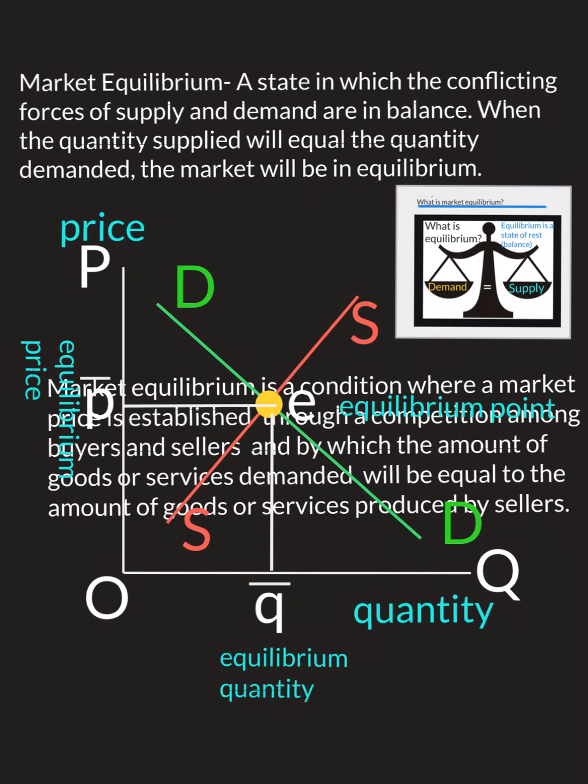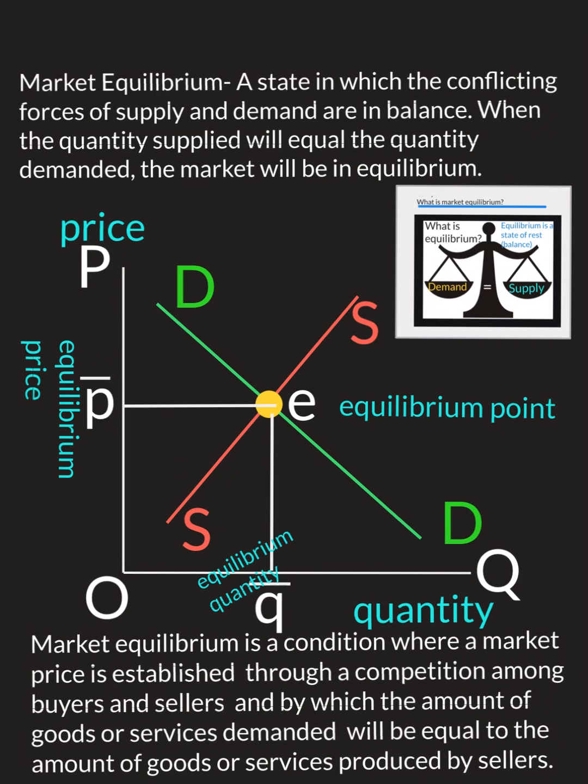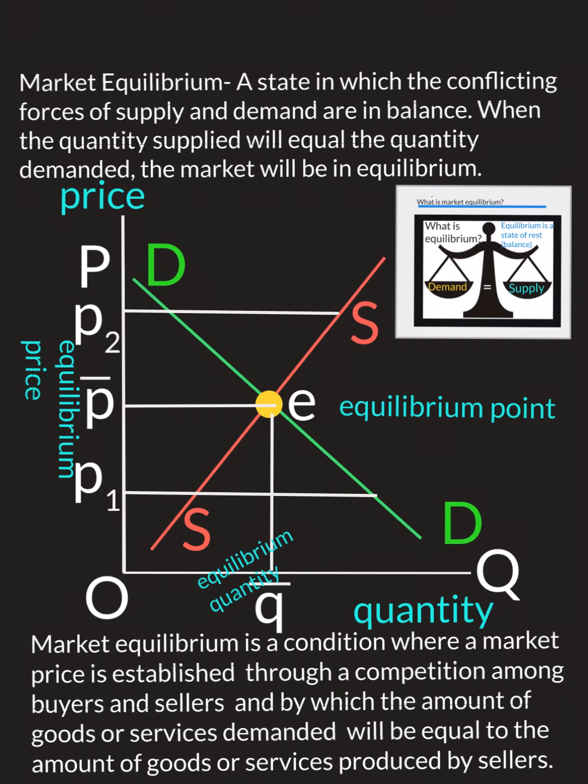We also see that market equilibrium is a condition where a market price is established through a competition among buyers and sellers. In a market, the buyers want to buy at the lowest price and the sellers desire to have the highest price.